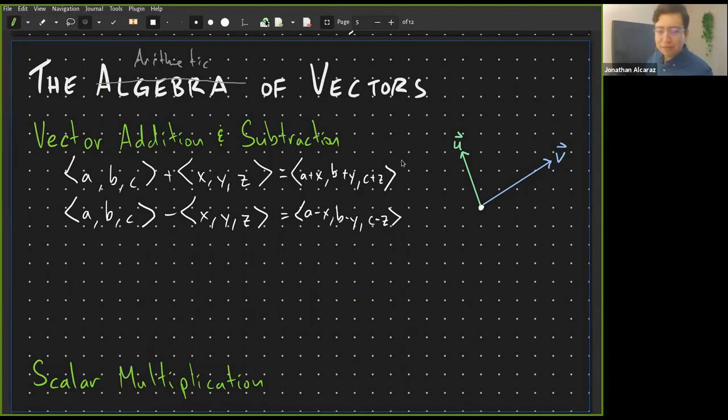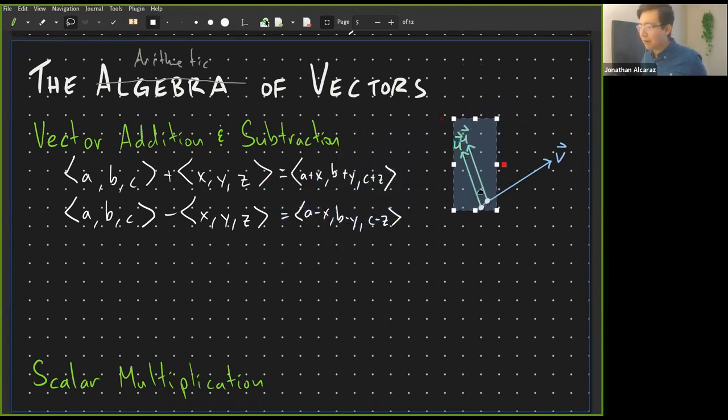Find x and y values. So I could break this down and find the x values and the y values. But geometrically, this is kind of what I was looking for. You're doing a head to tail thing, or you're turning these two into the sides of a triangle, and you're figuring out that third side. So what you do basically is you take this u vector, you make a copy of it, which is easy to do on a computer.